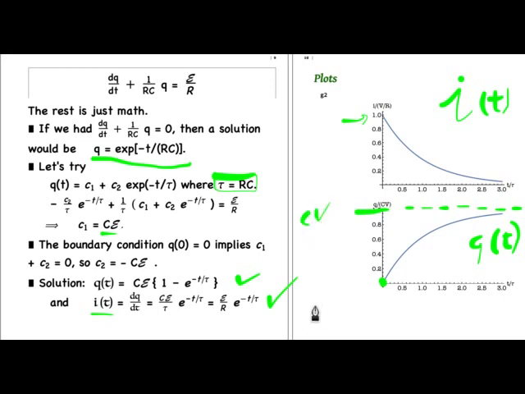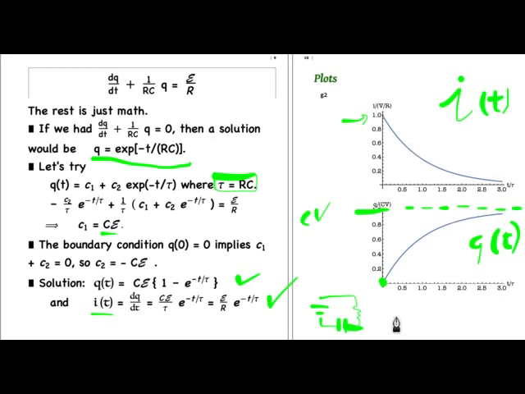So what's the final state? Well, I have this battery. I have a resistance with no current, and I have a capacitor. Well, the charge on the capacitor will just be C times V. Q is CV in the steady state. So this is the steady state solution.